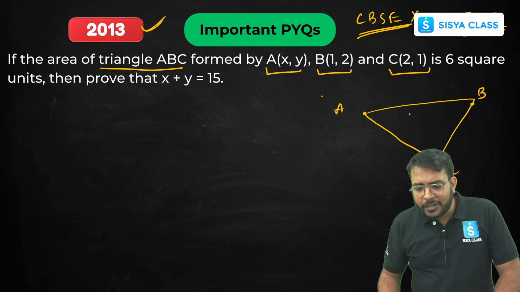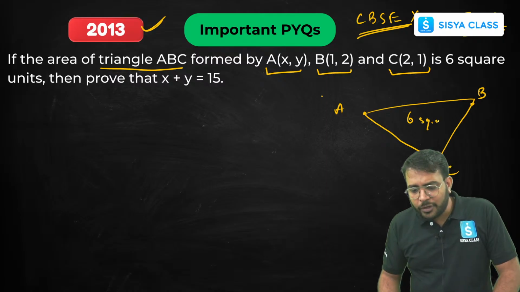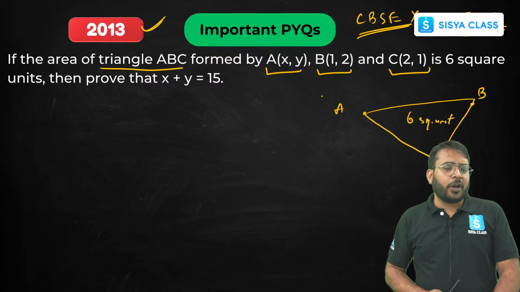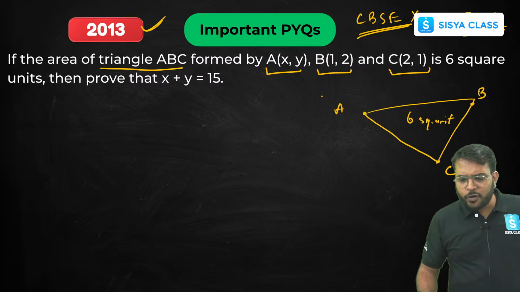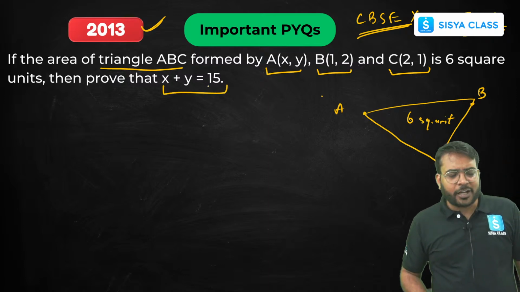And if they form a triangle, definitely it is going to have some area. They have given this area as 6 square units, and we need to prove here x plus y is equal to 15.